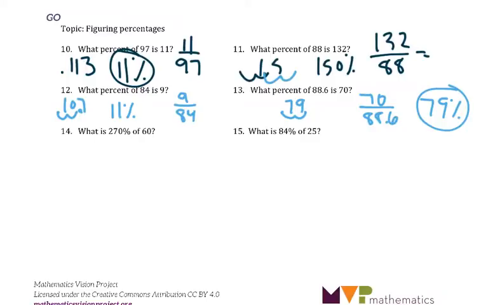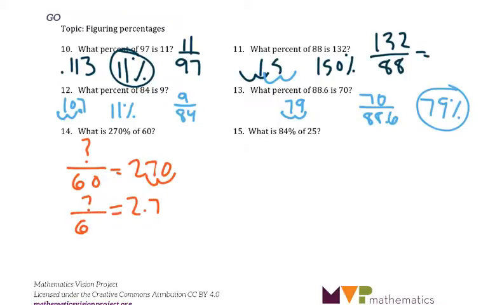Here we're basically saying, what number over 60 would give us 270%, which we'd change to 2.7. To solve for that, you'd times by 60. So I'd go 2.7 times 60 to say 162 is 270% of 60.